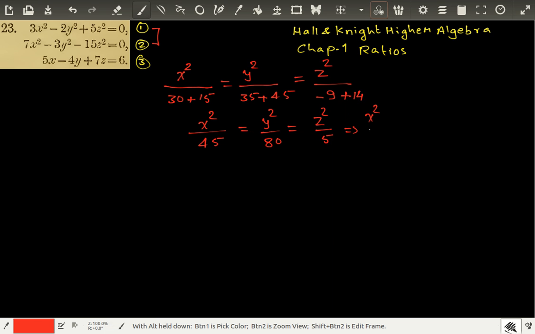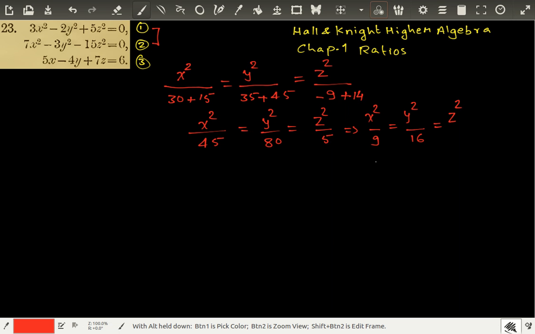So we get x square by 9 is equal to y square by 16 is equal to z square. Now this is very important that you notice that this is a relationship between x square, y square and z square. This is not a relationship between x, y and z.